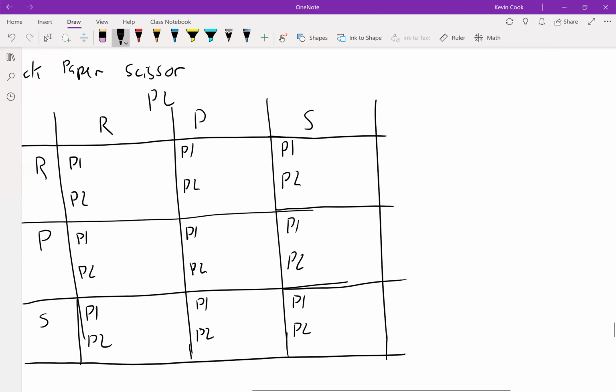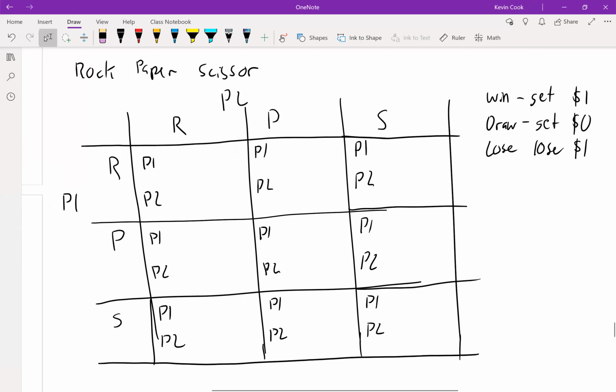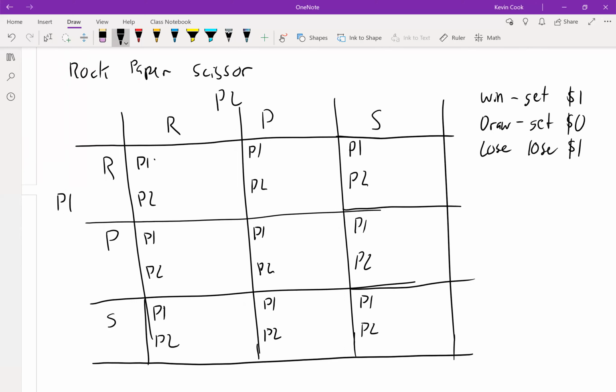If you win, you get $1. A draw means you get nothing. And if you lose, you lose $1, or you gain minus $1, however you want to phrase that. So the first thing we know is that if we end up tying, that is, we both pick the same thing, we have a payout of nothing. It's like a push. We each get our money back, however you want to phrase it.